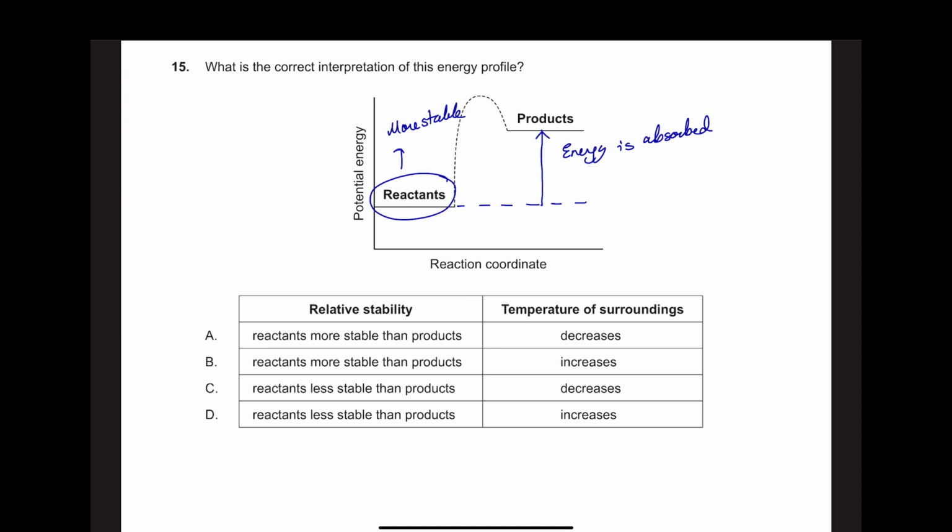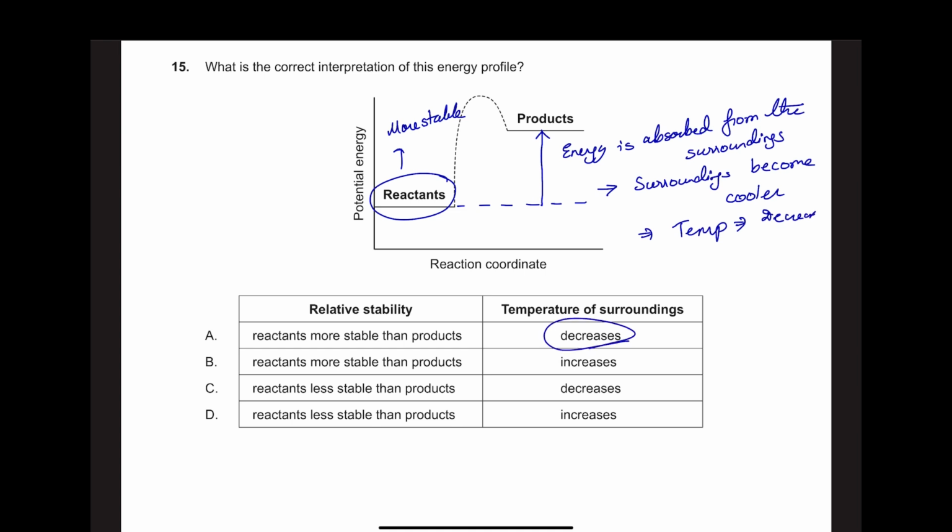So if energy is absorbed from the surroundings, your surroundings will become cooler and the temperature decreases. The temperature would decrease and reactants are more stable than products. Answer is A.